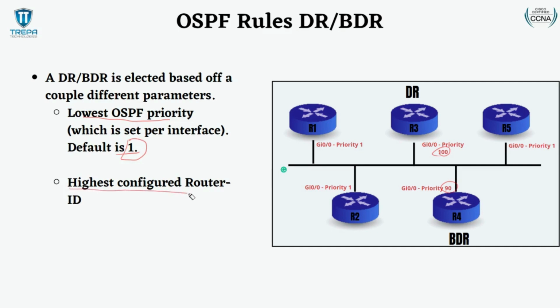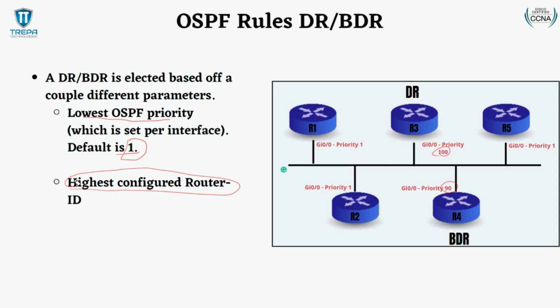The highest configured router ID is the tiebreaker. How do we get a router ID? You can statically set it under the OSPF subconfiguration, or it's going to be your highest IP address on a loopback, or if you don't have loopback addresses, your highest active interface.